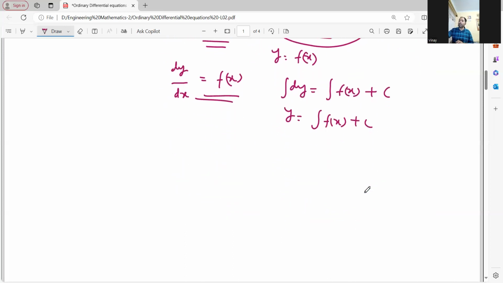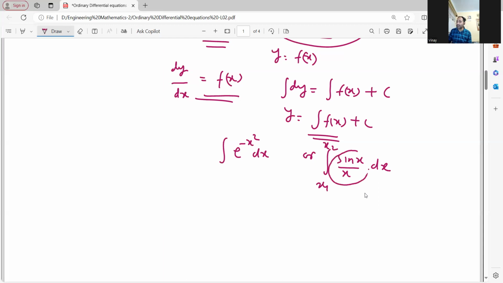Now, there would be a time when you don't know the integration. For example, integral of e to the power minus x squared dx or sin x by x dx. Whenever you talk about this indefinite integration, or, in terms of a differential equation, if you are trying to find, let's say, a definite integral from x1 to x2, then between x1 and x2 this integrand has to be defined.